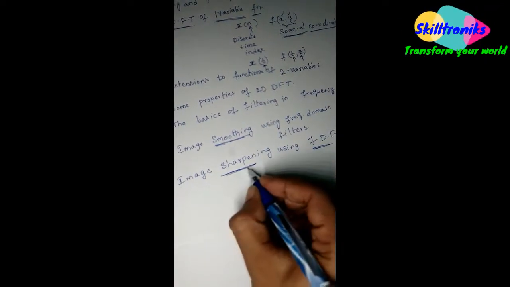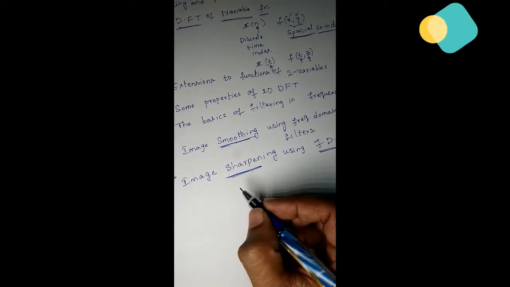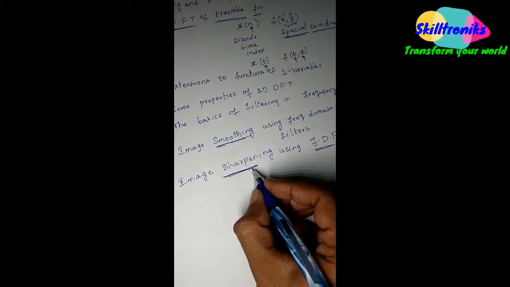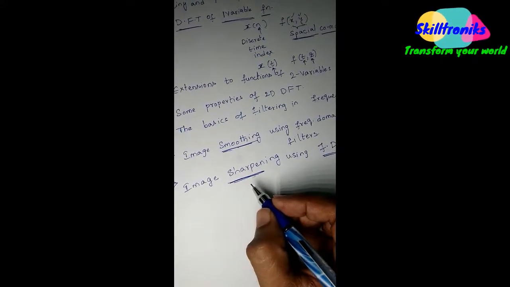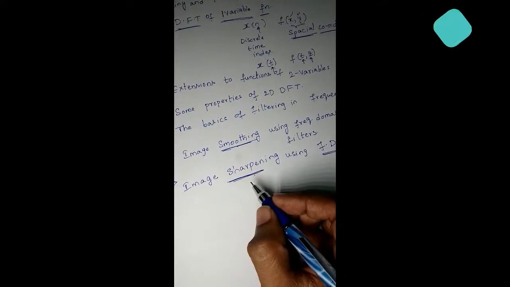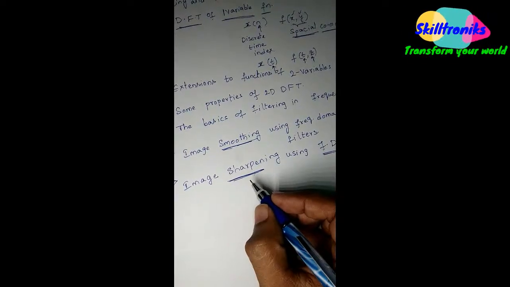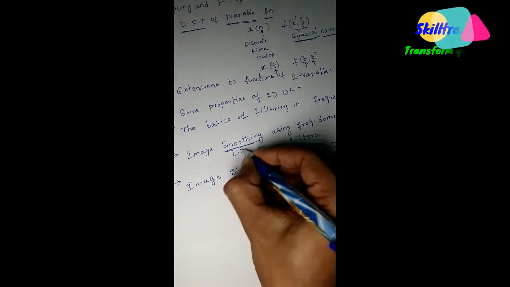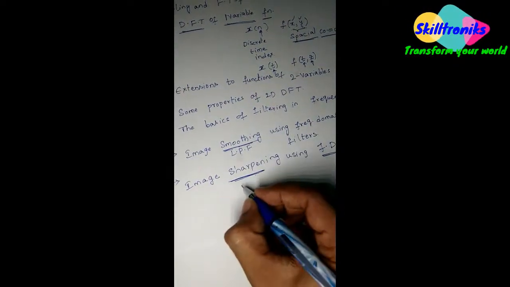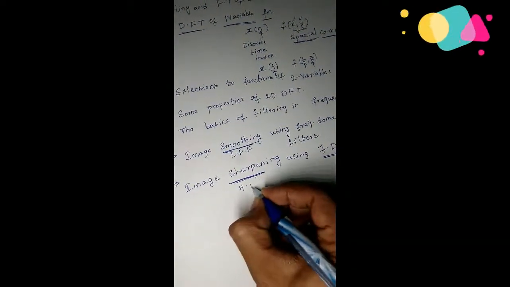Sharpening in the sense of high pass filtering of images. High pass filtering means we pass the high frequency components and suppress the low frequency components in an image. Smoothing means low pass filtering and sharpening means high pass filtering.